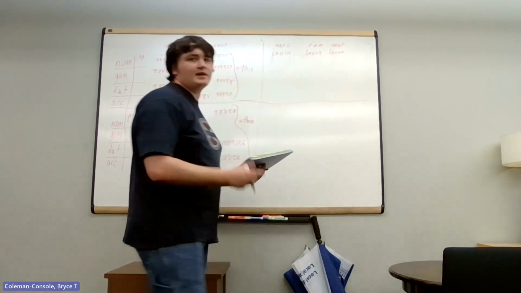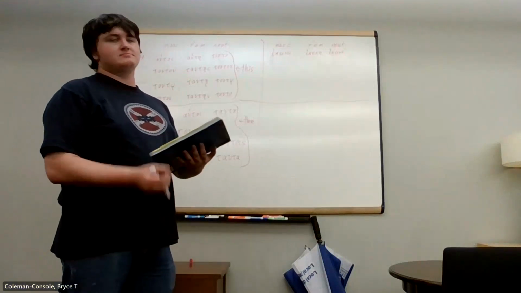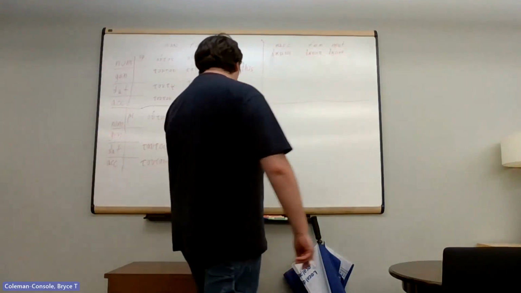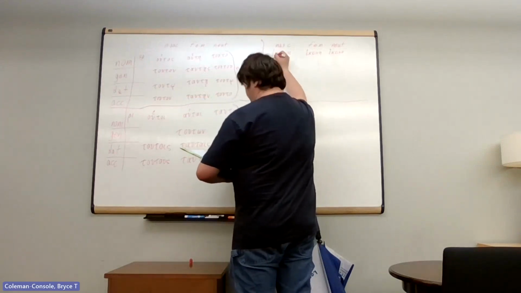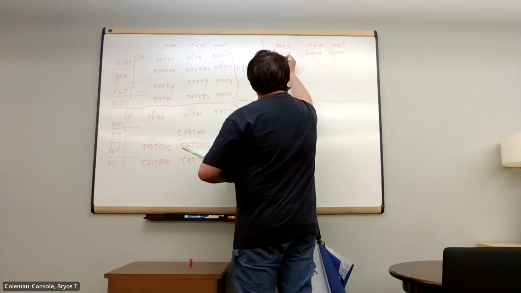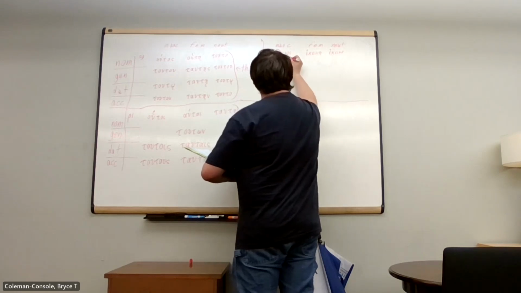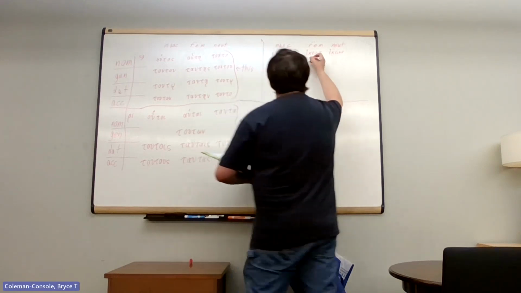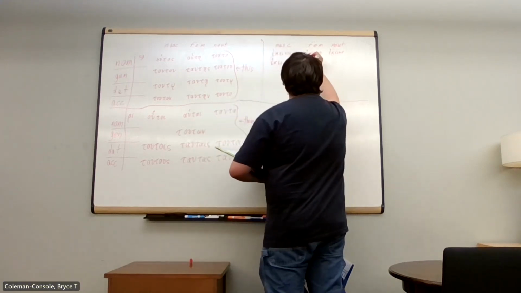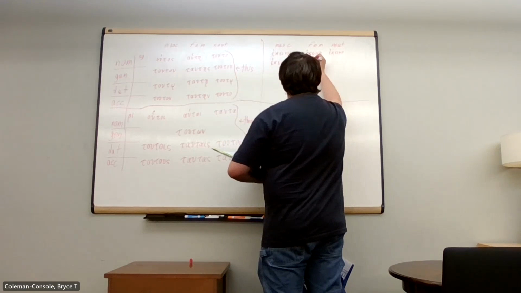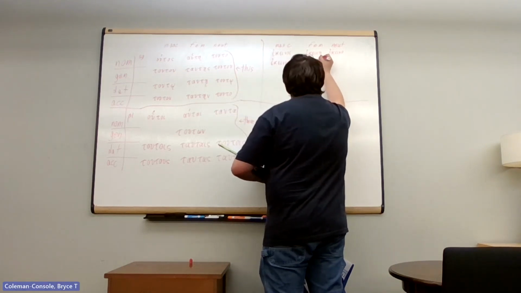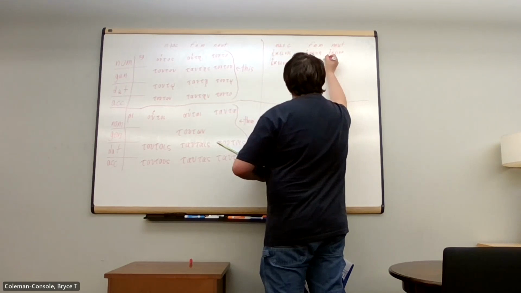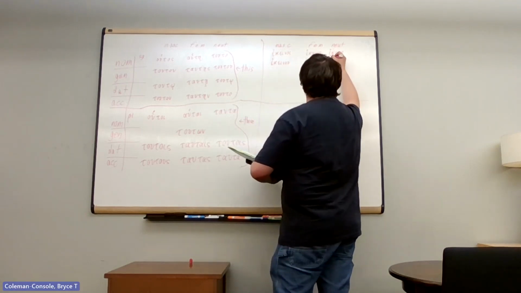So ekeinos, ekeinē, ekeino. It can be very similar to the other one. It's 2-1-2.